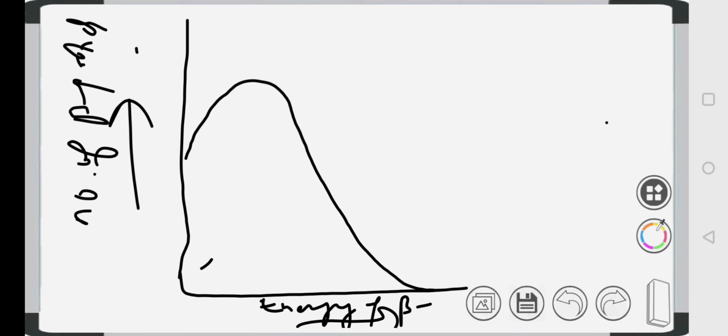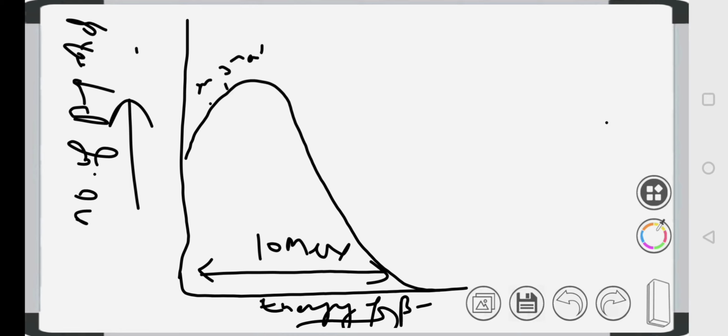It means if we have total energy range 10 MeV, we can take 2 MeV, 3 MeV, as we have taken the example 4.6 MeV, and so on.